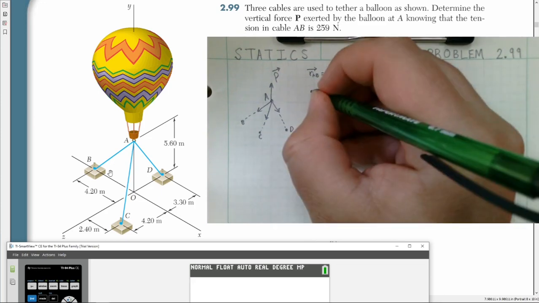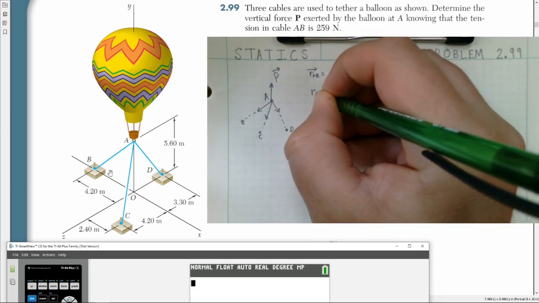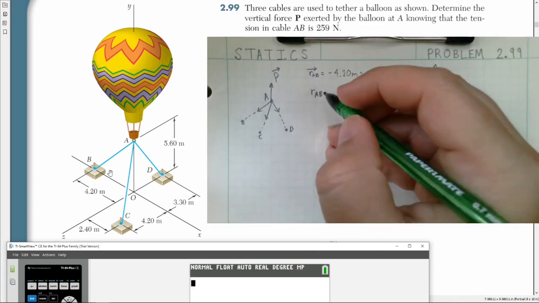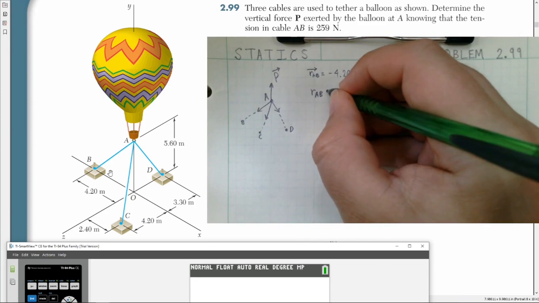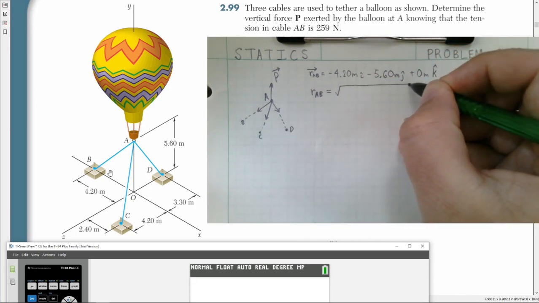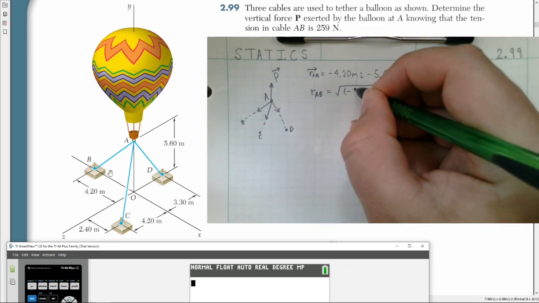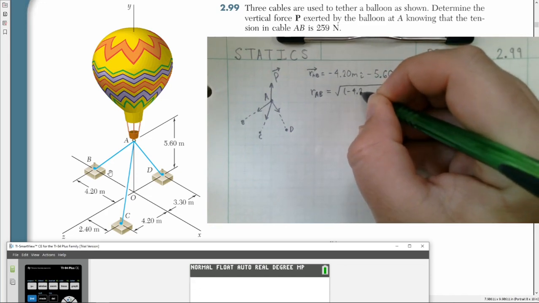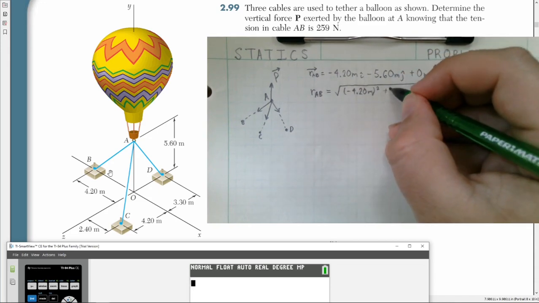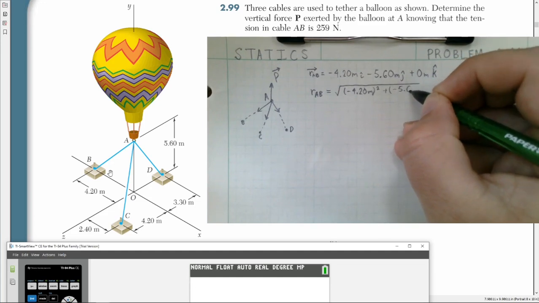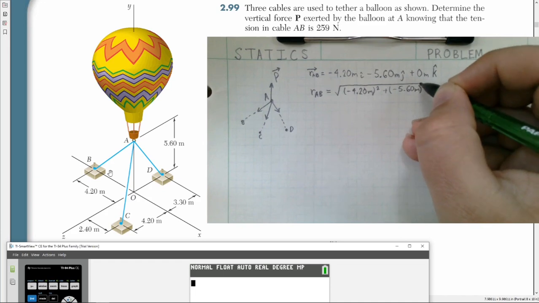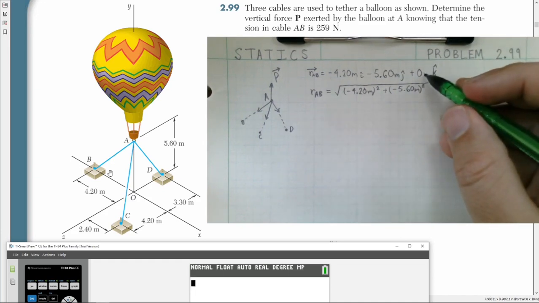Next, we're going to calculate the magnitude or the distance from A to B. You can represent this as r_AB or simply distance d_AB, either way. So we're going to take the square root of each one of these components squared and added together. First we'll have our negative 4.20 meters squared plus our negative 5.60 meters squared. And then we can leave out our k hat component since it's 0.